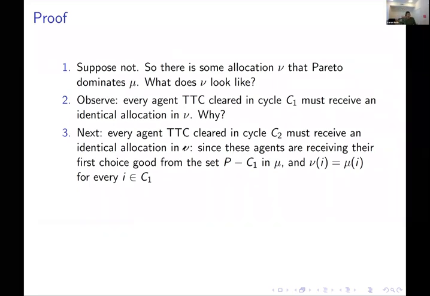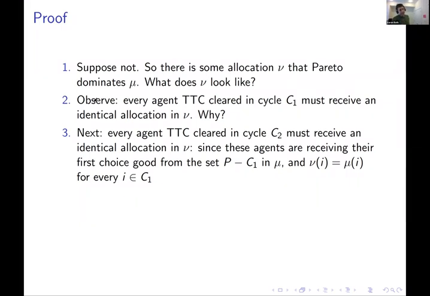Well, there are two cases. It might be that these people were receiving their favorite good. Because what happened? At round one, everyone was pointing to their favorite good. Then we cleared some of the goods. And then some people are still pointing to their favorite good, because their favorite good was not cleared at round one. Other people are now pointing to their second favorite good because their favorite good was cleared at round one and they didn't get it.